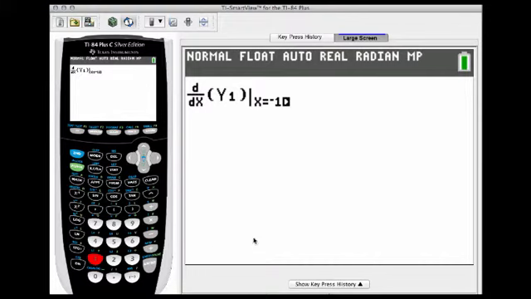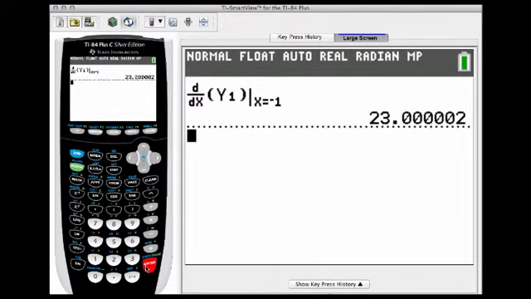Then you simply hit enter, and there's your answer. It looks like a pretty steep tangent line to the curve at x equals -1, with a slope of about 23. You could keep doing that for different x values over and over.